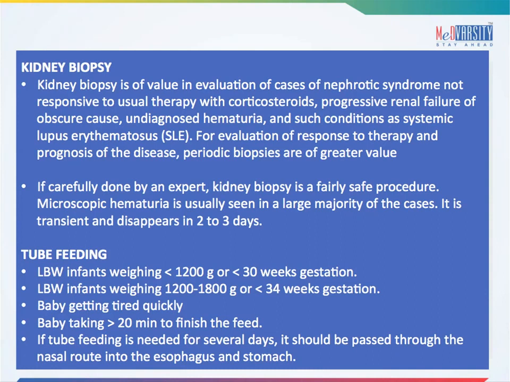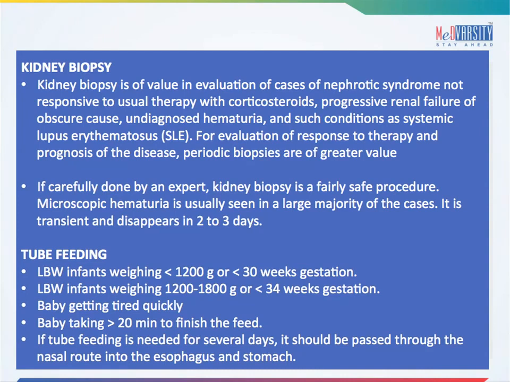For evaluation of response to therapy and prognosis of the disease, periodic biopsies are of greater value. If carefully done by an expert, kidney biopsy is a fairly safe procedure. Microscopic hematuria is usually seen in a large majority of the cases. It is transient and disappears in 2 to 3 days.